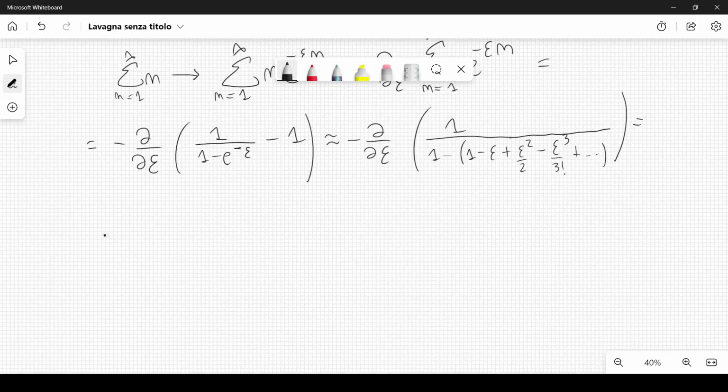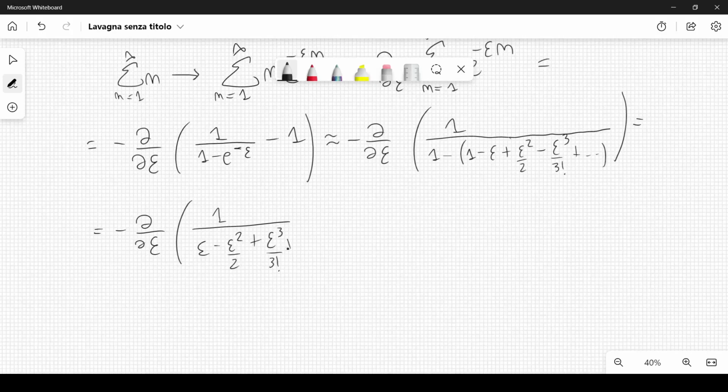And this is equal to minus d over d epsilon of 1 over epsilon minus epsilon squared over 2 plus epsilon cubed over 3 factorial plus dot dot dot, like this.